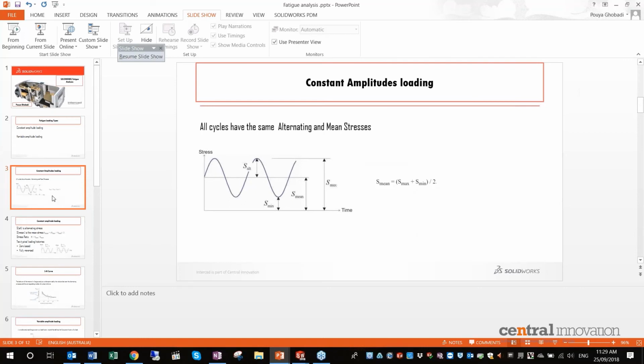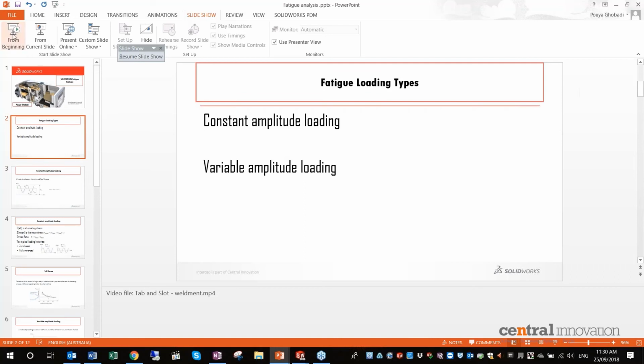This really depends on the type of the load you apply to the model. If your load doesn't change radically, if your maximum stress and minimum stresses are maintained throughout different cycles of loading, it will be a constant amplitude loading. But if your load changes rapidly, your maximum and minimum stresses are different in each cycle of load, that will be a variable amplitude loading, basically.